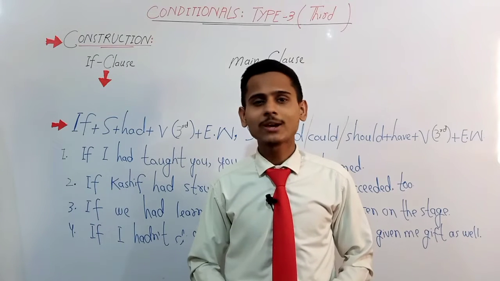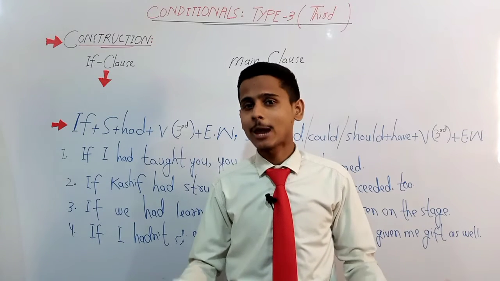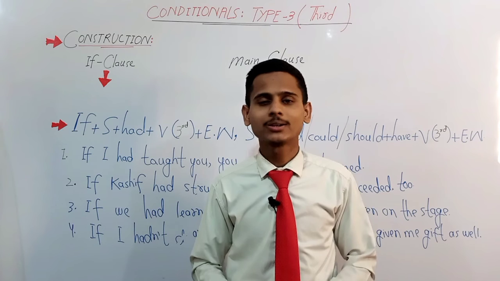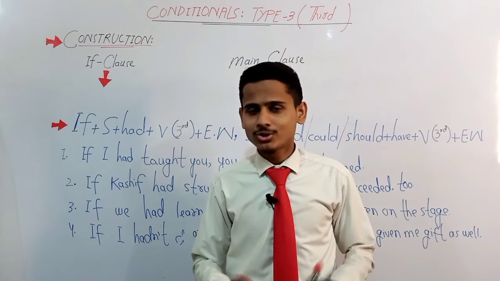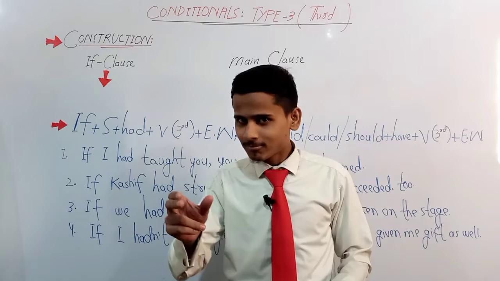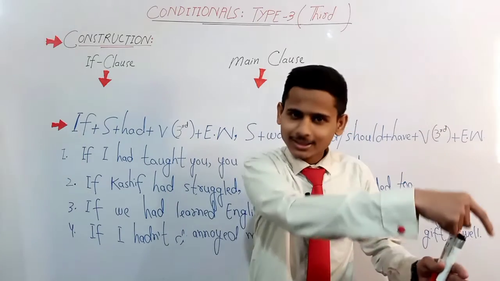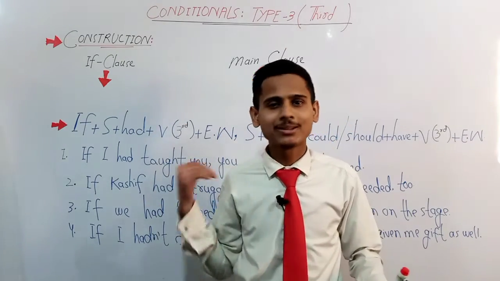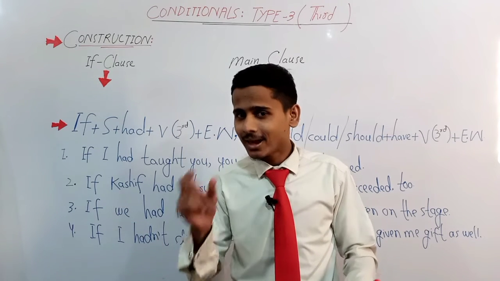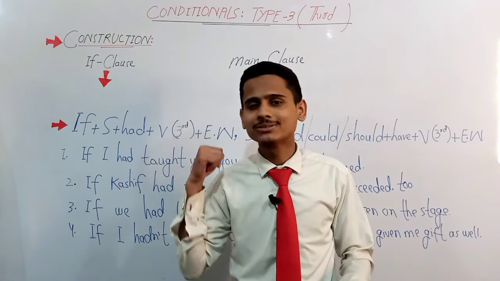Why do we use conditionals type 3, or the third conditional? We use it to say that something did not happen in the past because a certain condition was not fulfilled.